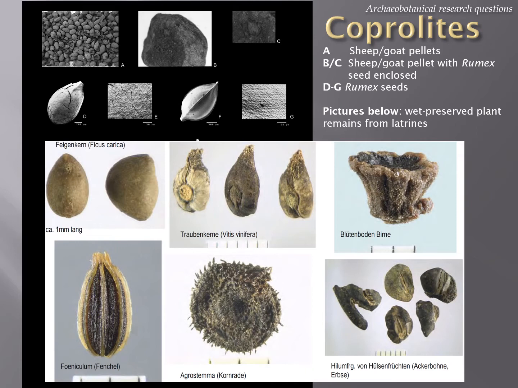Sometimes also intestinal parasites are found and then provide information on human health. Household waste like charcoal, carbonized cereal grains and chaff, nutshells and larger fruit stones that have been thrown into the cesspit are also typical.